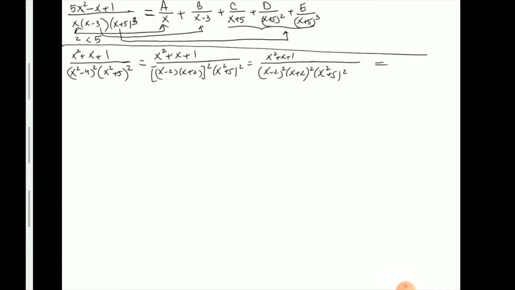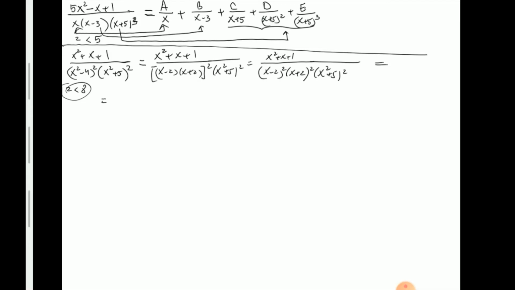Again, the degree on the top is 2, the degree on the bottom is going to be actually 8, because it's going to be x fourth. So again, the degree on the top is less, which is a necessary condition. Okay, so how do you split this? Try to answer this question yourself. So pause the video, and then think about it, and then check with me.